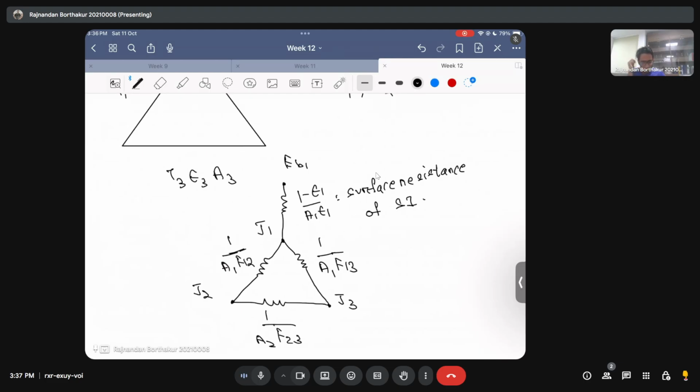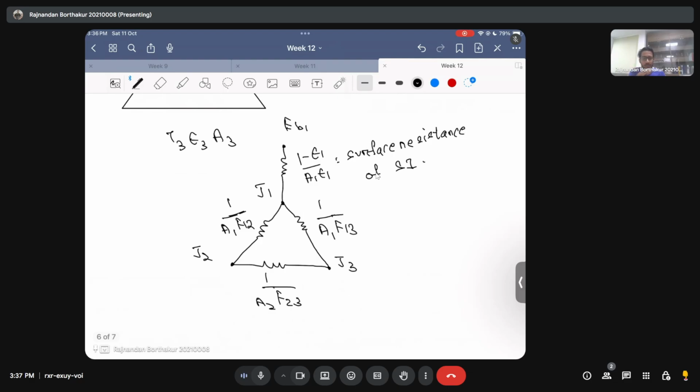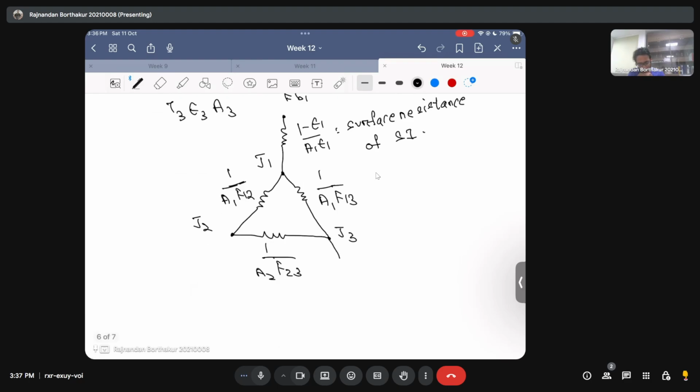Similarly, because the other two surfaces are also non-black, we will have two other surface resistances. Maybe I can draw it in a better way. Then this is going to be 1 minus epsilon 3 by A3 epsilon 3, which is the surface resistance of S3.